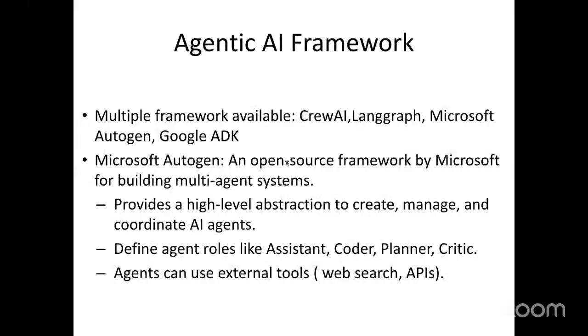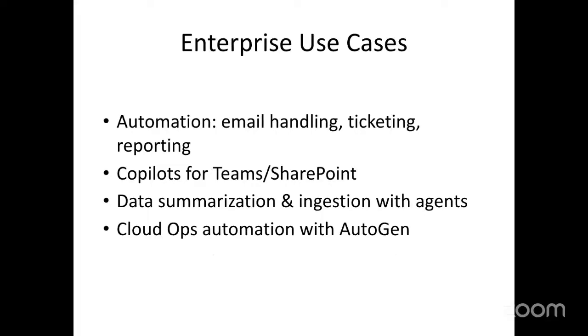If you want to create an Agentic AI system, you can use this Agentic AI framework, and we can talk about this in more detail: how to create it, what the code part is, how the LLM is used as a brain, and what the skeleton is. If we talk about enterprise use cases, there are many in daily life: email handling, ticketing, reporting.